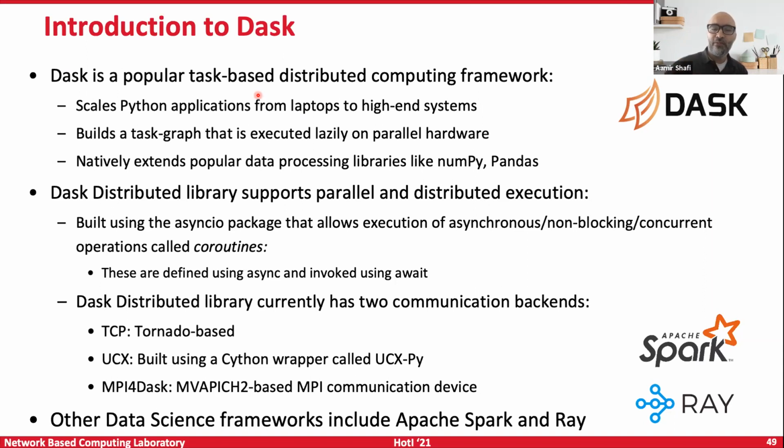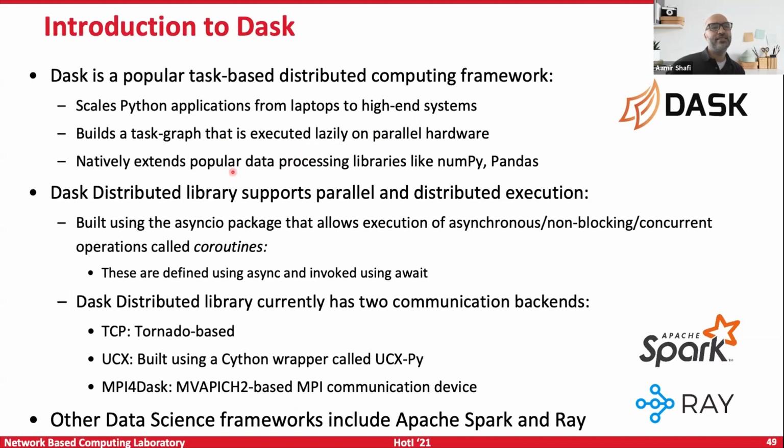And this is very popular among Python programmers, because it is written in Python, and it allows Python applications to scale from laptops to high-end systems. Under the hood, it builds a task graph that is executed lazily on parallel hardware.